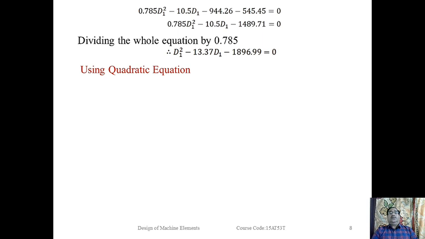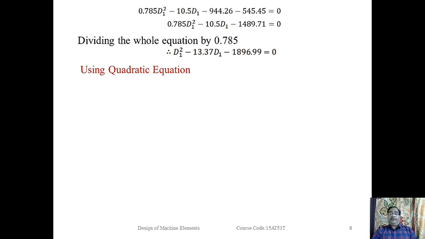So the equation becomes capital D1 square minus 13.37 D1 minus 1896.99 is equal to 0.